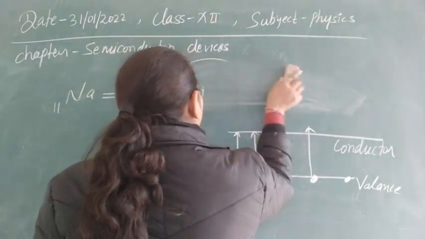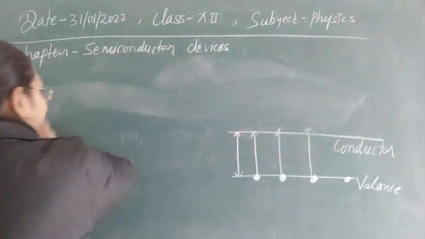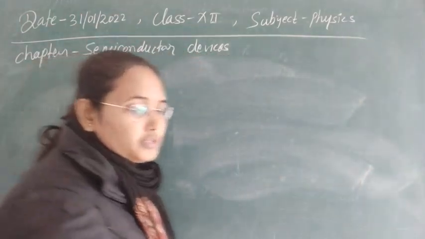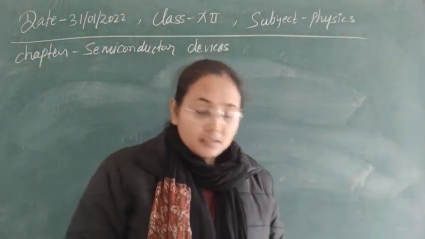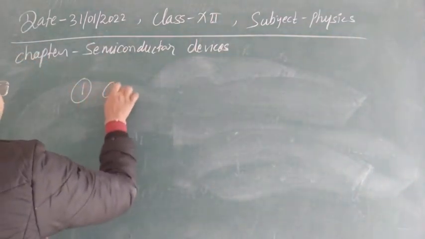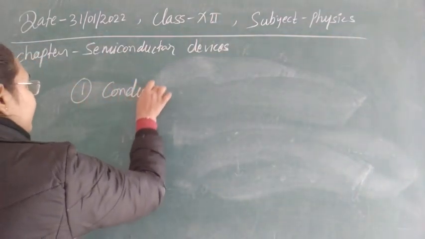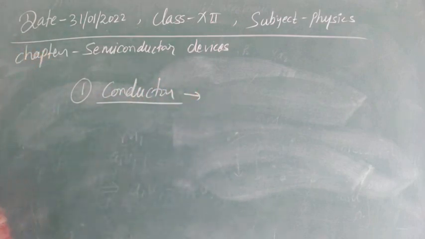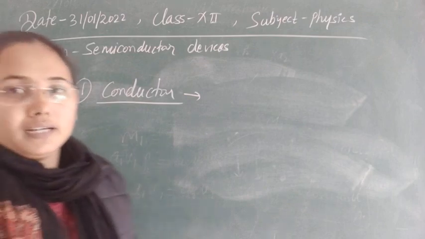Now let's see how we can differentiate materials by this band picture of solids. The first material is the conducting material. Conductors can be defined on the basis of the band picture, as these materials are well known for their conductivity.